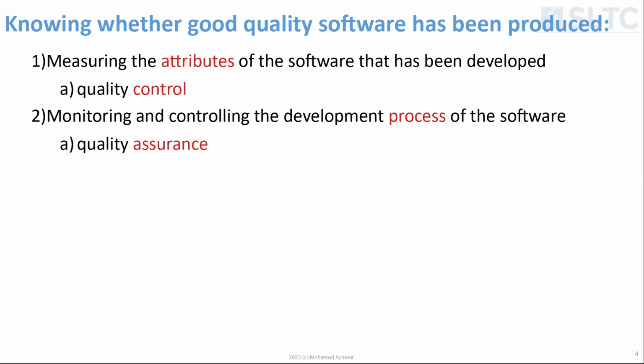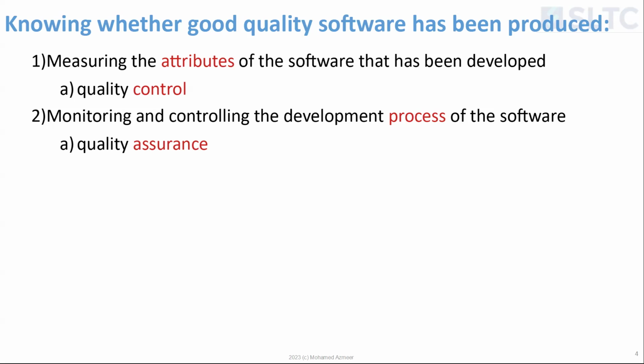Those are called attributes. So you measure that and say, okay, according to a certain standard, your numbers are good. Okay, so because of that, we say this is a good quality software, right? Now, this is called quality control. So you are controlling the attribute of the software. That is one way to look at it.